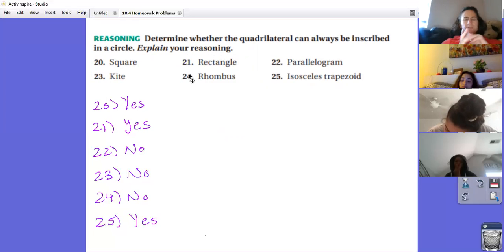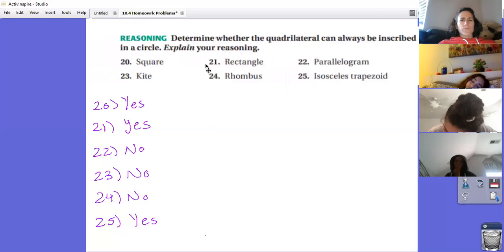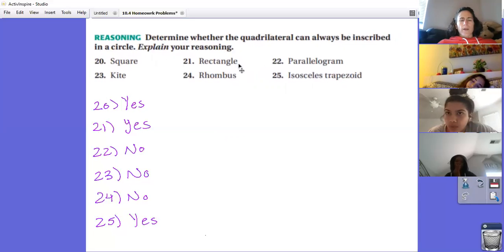And then isosceles trapezoid: one of the properties of an isosceles trapezoid is that opposite angles are supplementary. So those three, square, rectangle, and isosceles trapezoid, are the only quadrilaterals whose opposite angles are always supplementary. So we can definitely inscribe those in a circle.